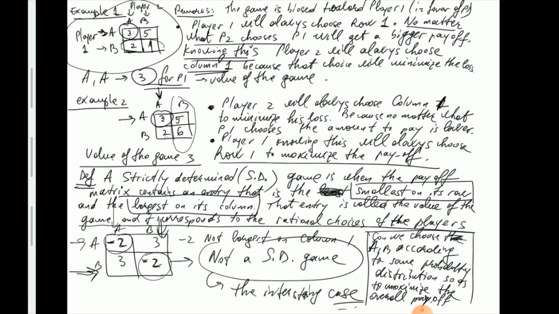I mean, shall I choose, for example, half of the time row A or row B? Shall I choose maybe 1/3 of the time row A or row B? And so on and so forth.